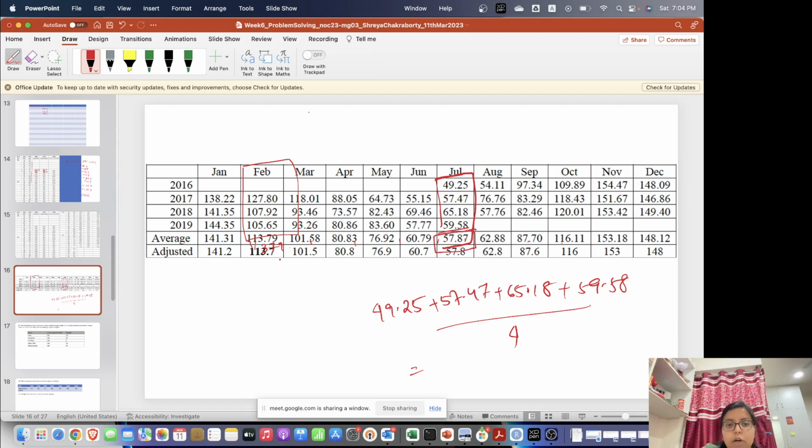So for each of the months we are going to get an average index, and then we are going to add all the average indices up.